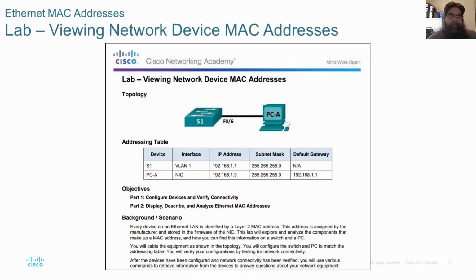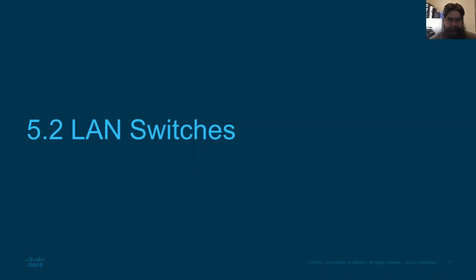In this lab, you will be expected to look at the MAC address tables within the devices so that you can see which way they are represented within the switch and the host, because each port on a switch has a MAC address as well as the connected end devices.